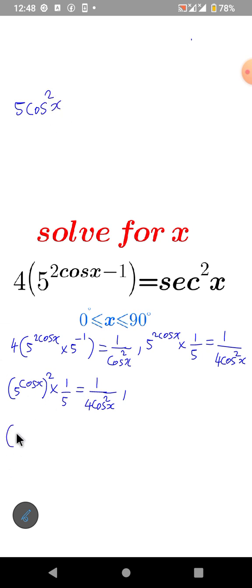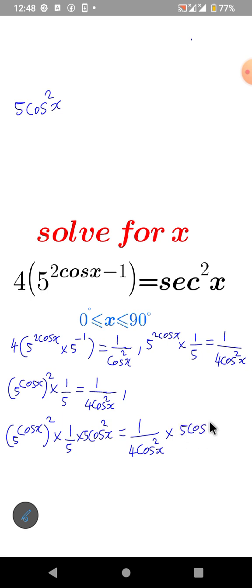We say 5 raised to the power of cos x square times 1 all over 5 times cos square x equal to 1 all over 4 cos square x times 5 cos square x. So now I multiply both sides of this particular equation by 5 cos square x.